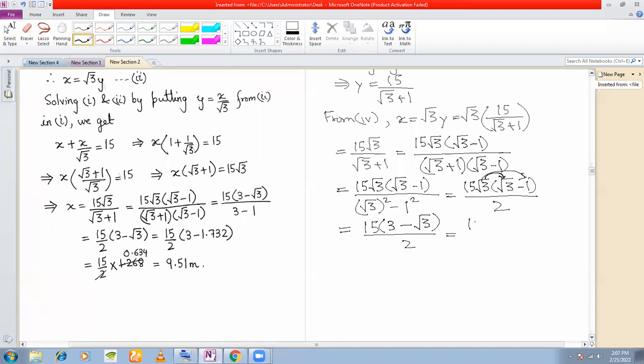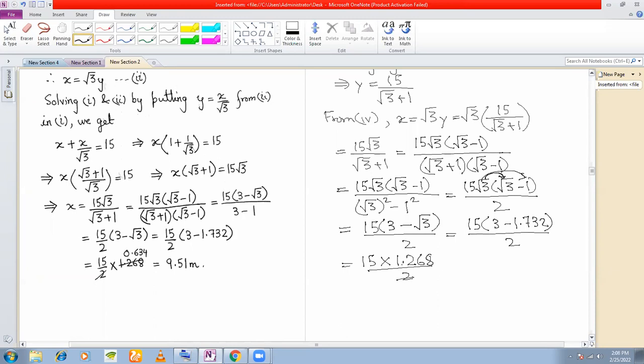So now what you get is 15. Now you can put the value of root 3 as 1.732, divided by 2. So that gives you 15 into 3 minus 1.732, which is 1.268, divided by 2.